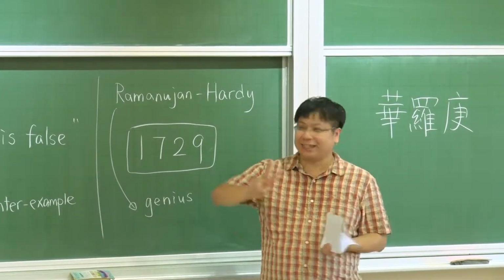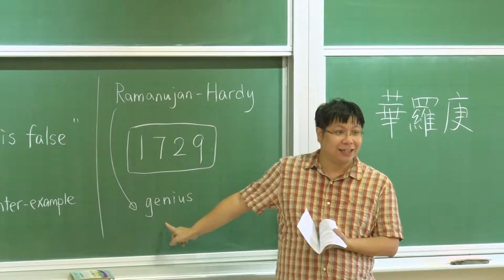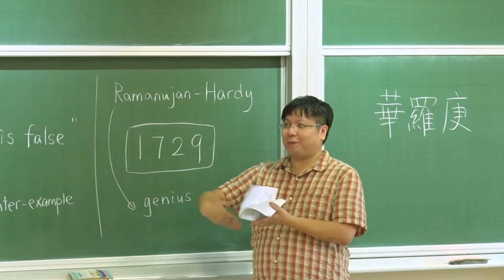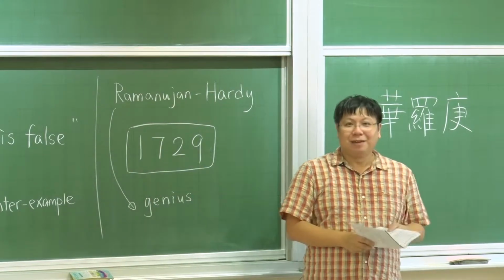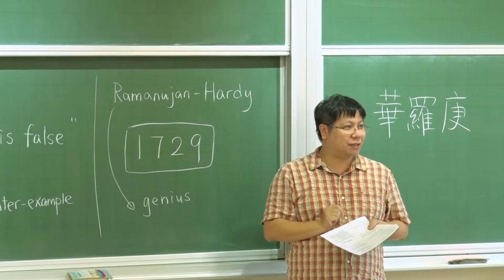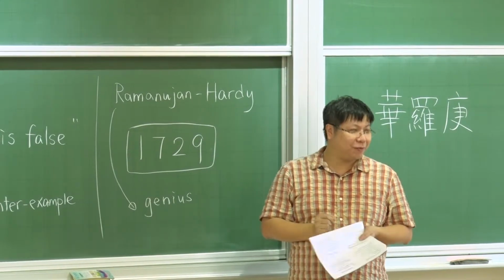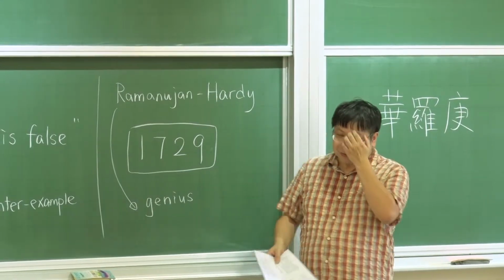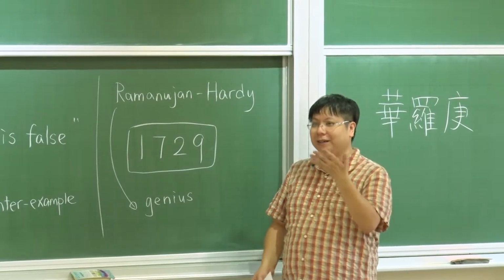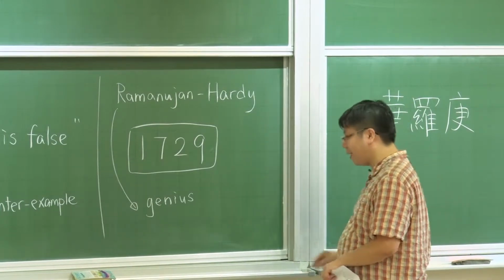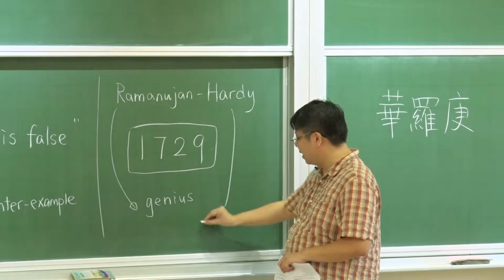Either he must be a genius or he is a fraud, someone pretending to be very smart, maybe just copying a lot of these strange, very beautiful formulas into this mail. So Hardy consulted his friend, whose name is Littlewood.